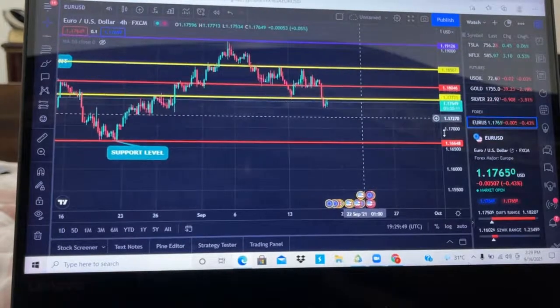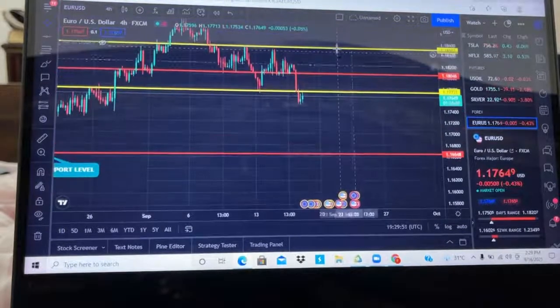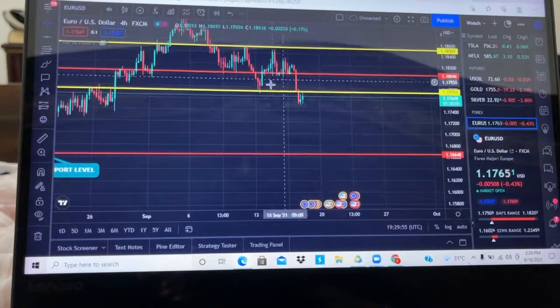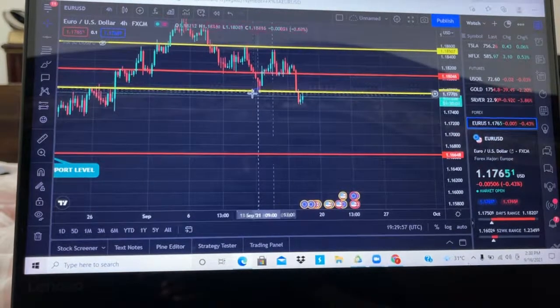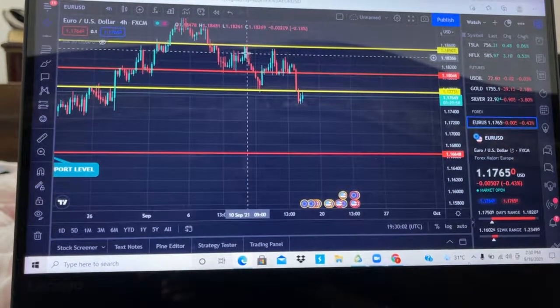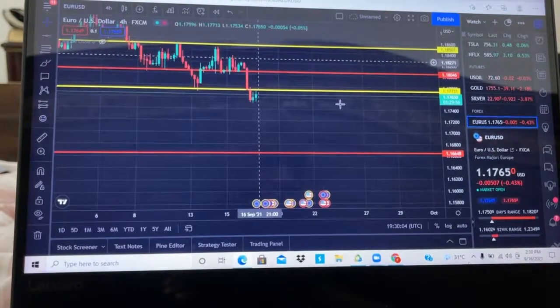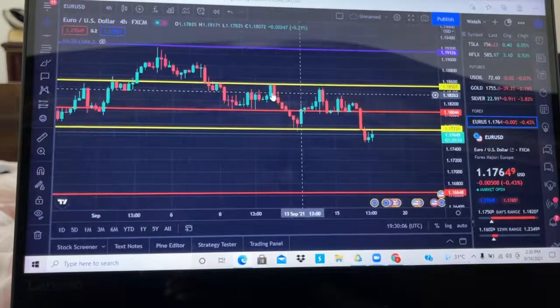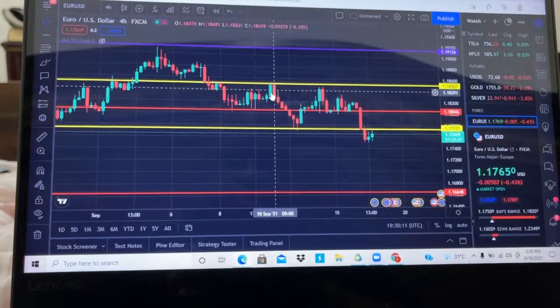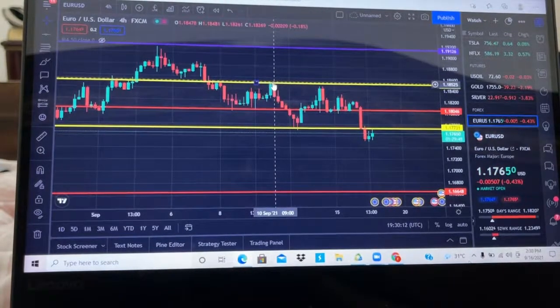And in most cases, even without doing your support and resistance, once you see those candles form, you know which button you should be pressing, because looking at this candle here, this pattern, this would have been almost like a tweezer top. It is, and it's at the swing point.